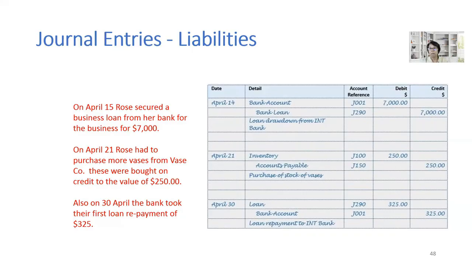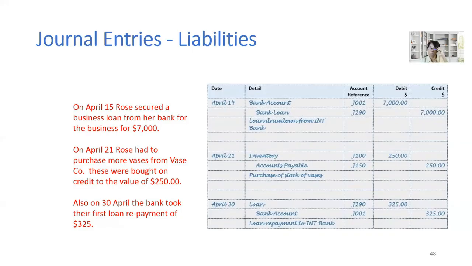So do you remember debit makes a liability go down? So if we originally owed $7,000, now we owe what? $6,675.